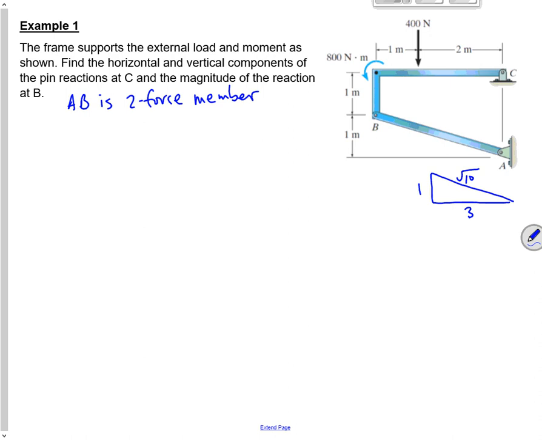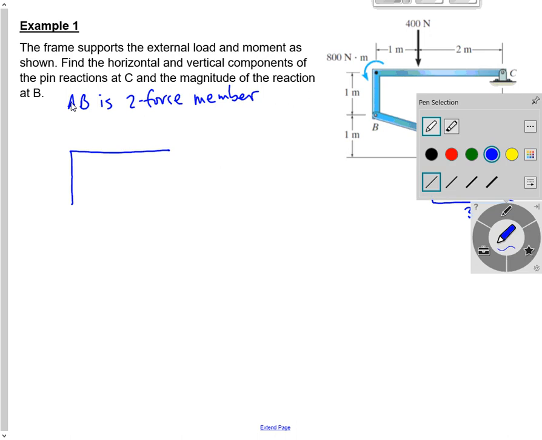So now, what's the next step? I'm going to draw a free body diagram of BC. So here's member BC, and it's as complicated as I'm going to make my picture of BC look.